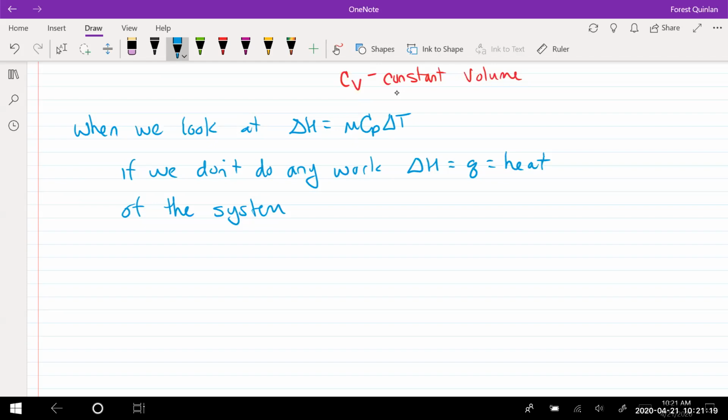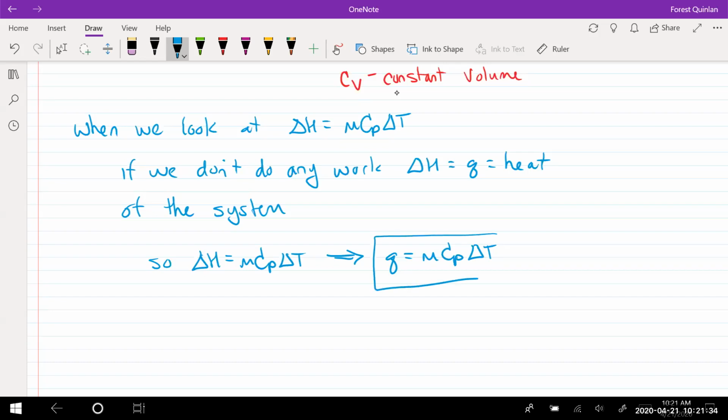And so this delta H equals mCp delta T is often written as Q equals mCp delta T. And this is the one that is probably most familiar. If you've ever taken a high school chem course, you may have seen Q equals mC delta T.